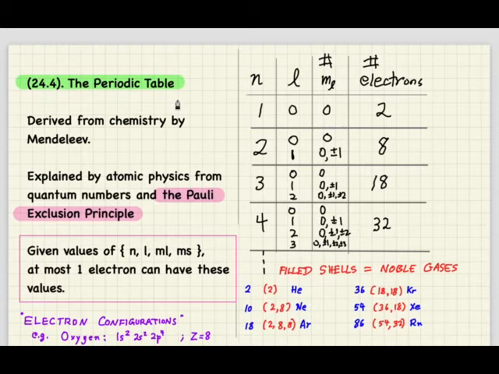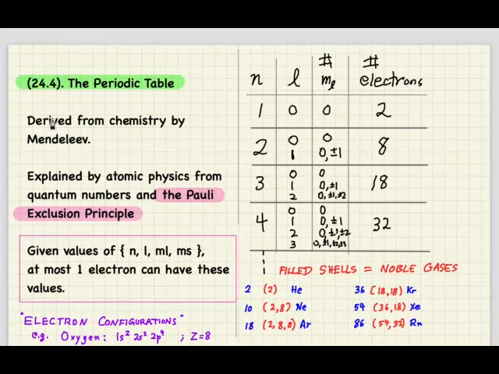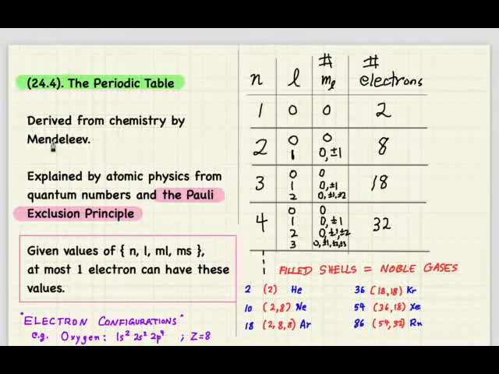The great success of the Schrodinger theory of the electron waves was that it explains the periodic table of the elements. The periodic table was first determined from chemistry by Mendeleev.